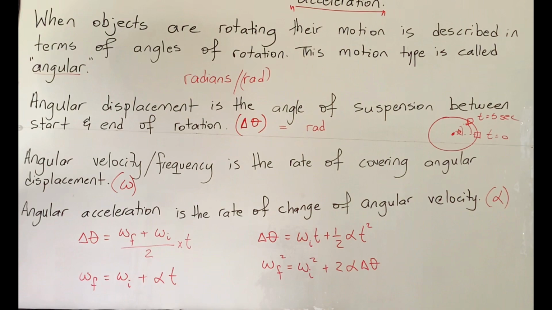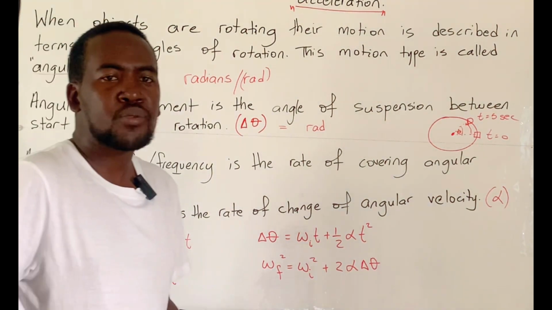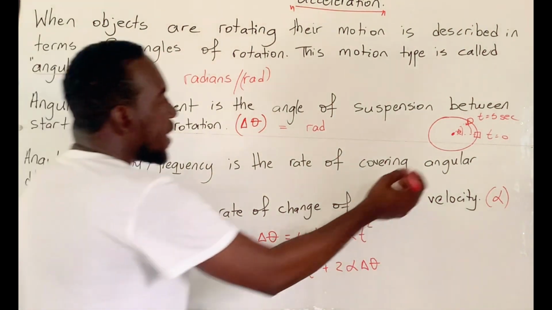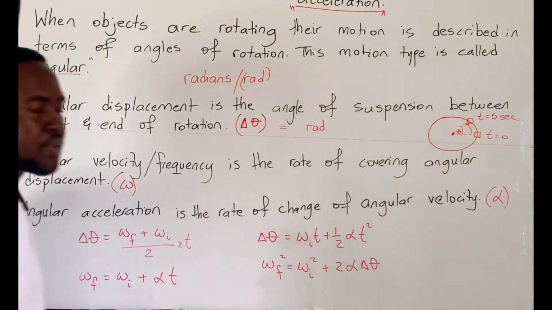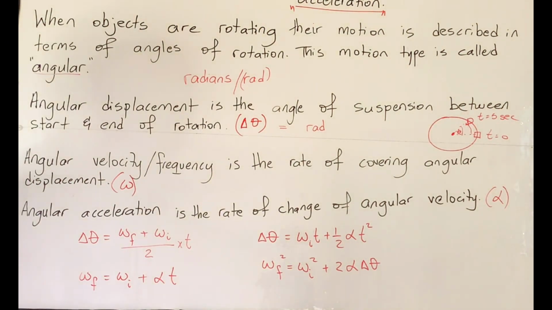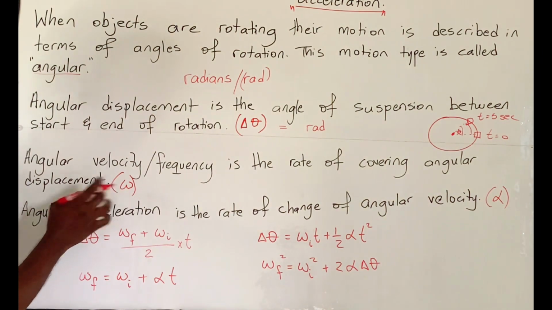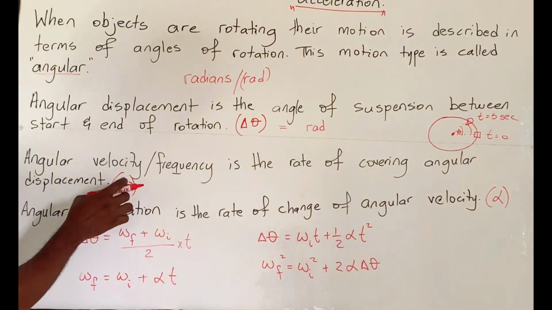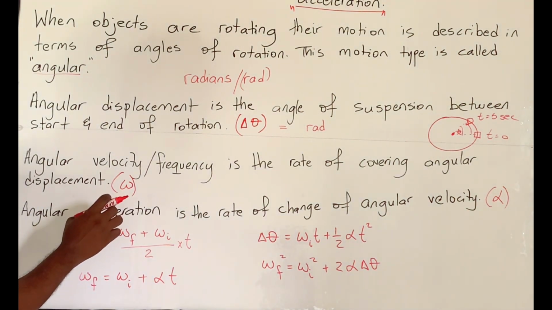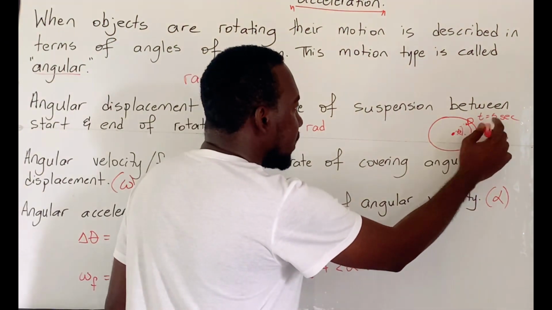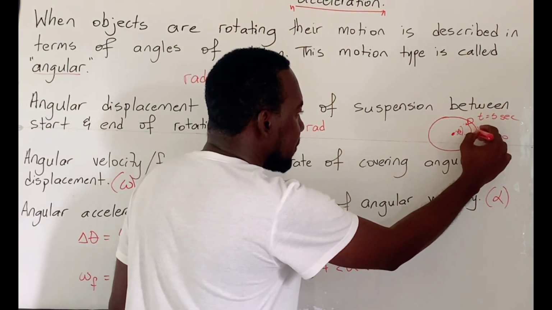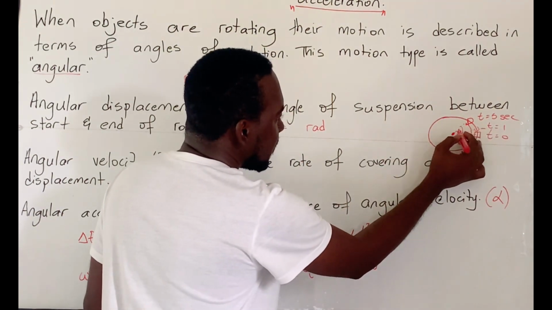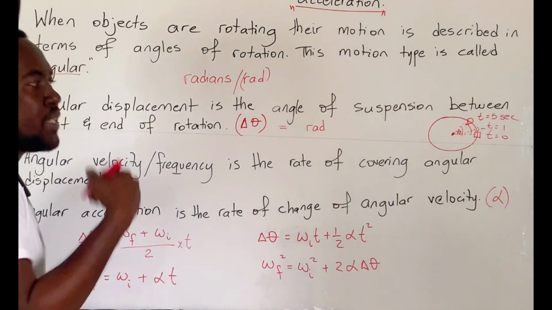Now, let's look at angular velocity, which some books also call angular frequency. It tells us how fast we are covering a specific angle in a unit time. It is represented by omega, this fancy little w here. If we split this into 1 second time intervals, then omega is the angle that the object creates within that 1 second.